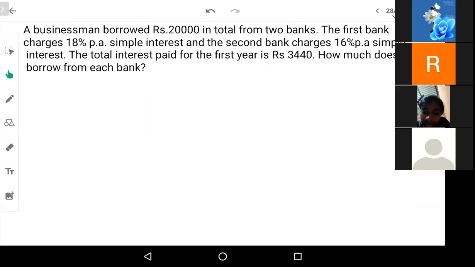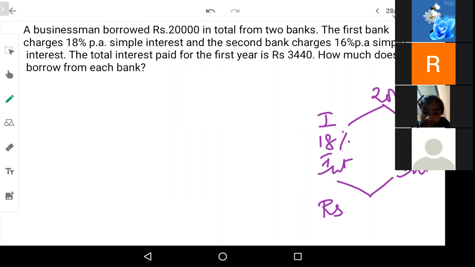So totally he has borrowed 20,000, where he is paying to the first bank 18% interest and to the second bank 16% interest. Totally, he has paid 3,440 rupees interest for the first year.